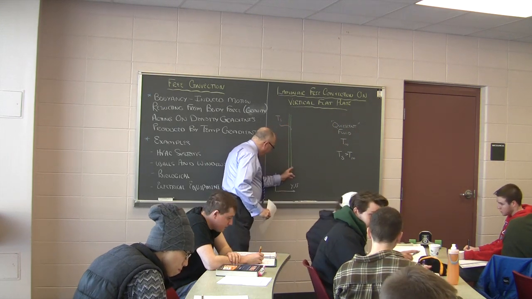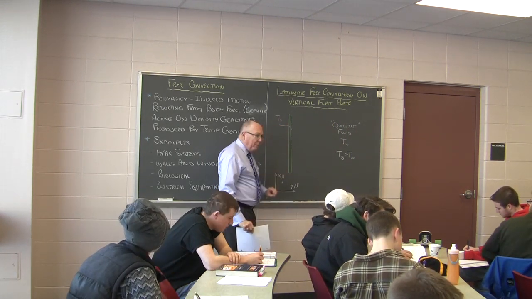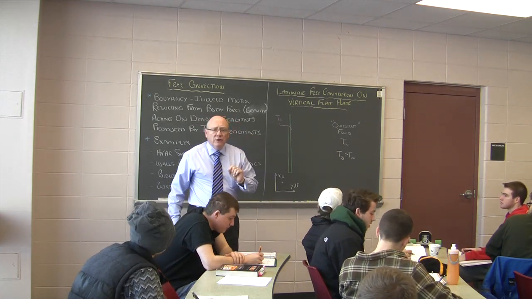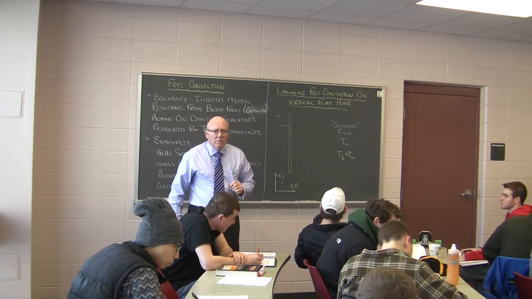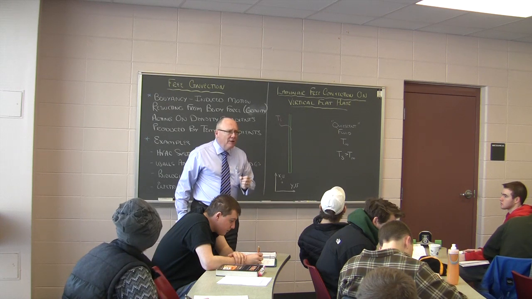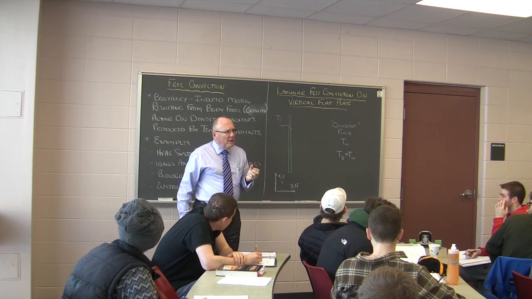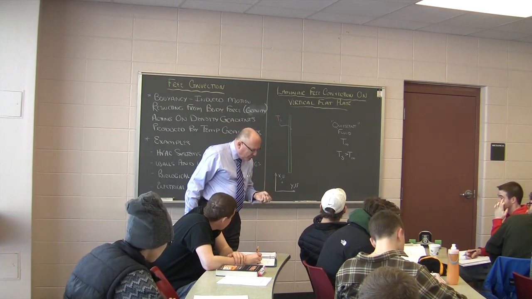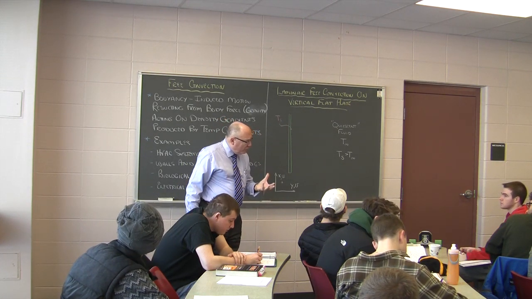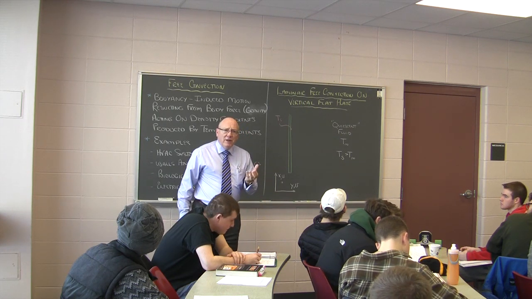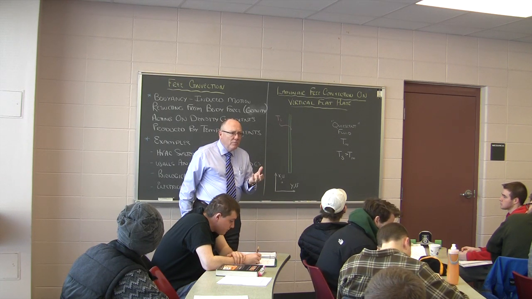Now, what happens is this Ts is greater than T infinity. So what's going to happen to the air which is adjacent to the vertical flat plate? Abdul? It's going to begin to gradually warm up. And some of those molecules, as they become more energized, their density is going to decrease. And so compared to the molecules around them, what's going to be the tendency for them to do?